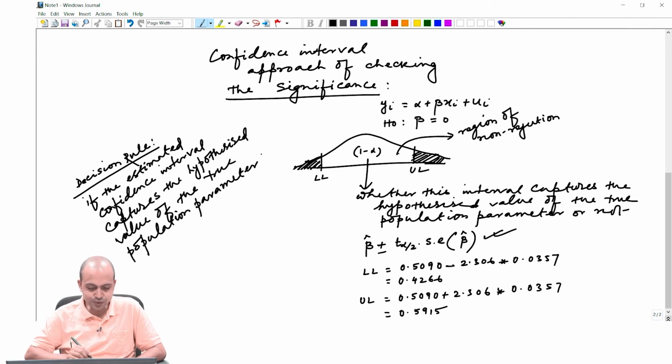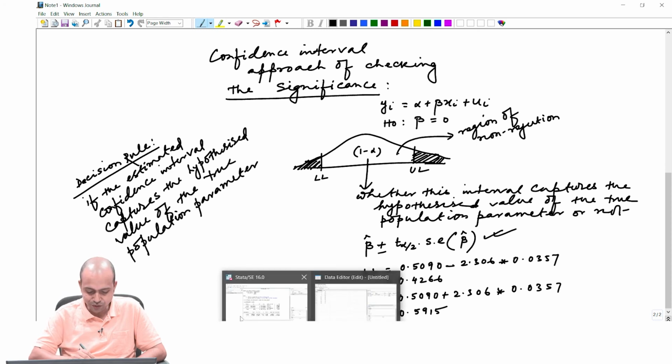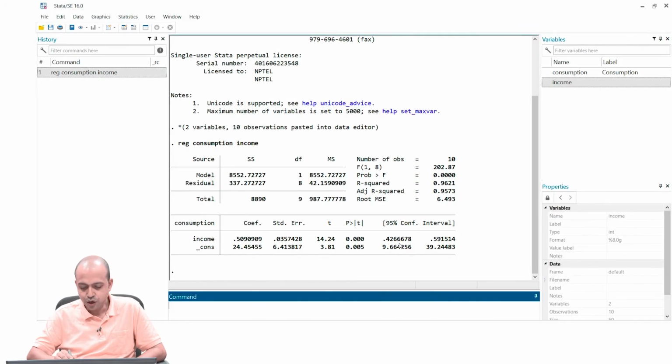Now, in this particular case, look at what is happening. What is the interval? 0.4266 and 0.5090. Now, in this interval, do you think the hypothesized value is captured? Is 0 captured by this interval?